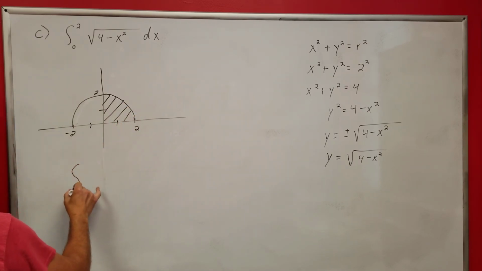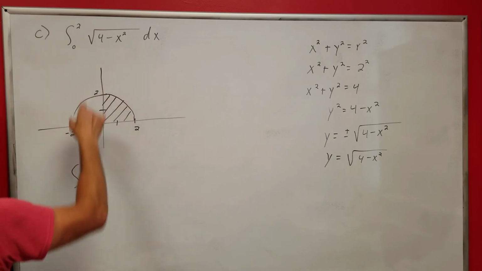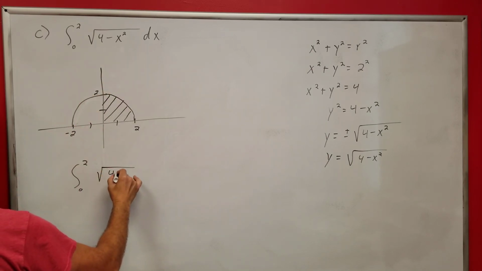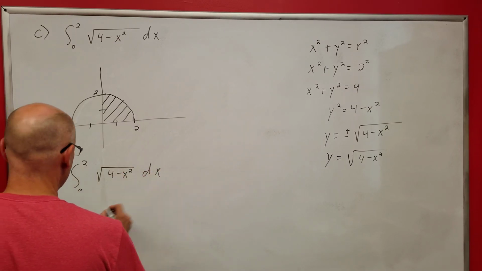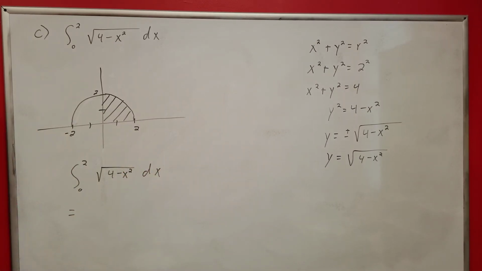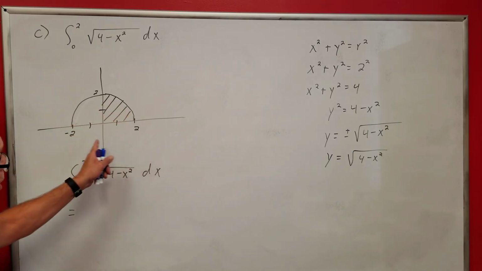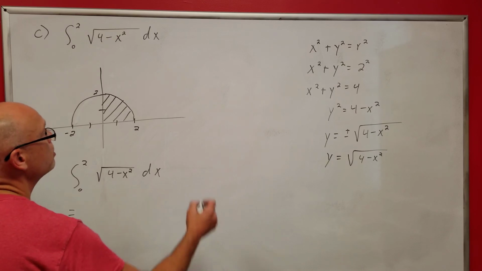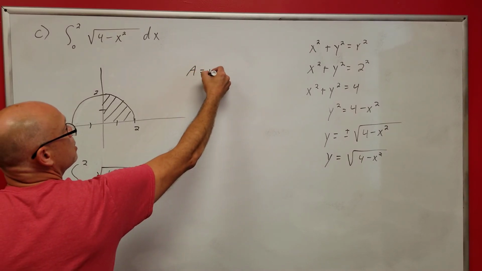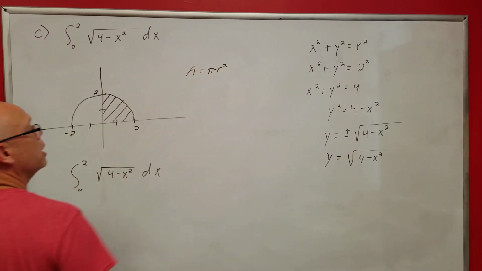All right, so the integral from 0 to 2 of the square root of 4 minus x squared dx, if we use a formula from geometry, what do we have there? A portion of a circle. What's the formula for the area of a circle? Area is equal to pi r squared, right?